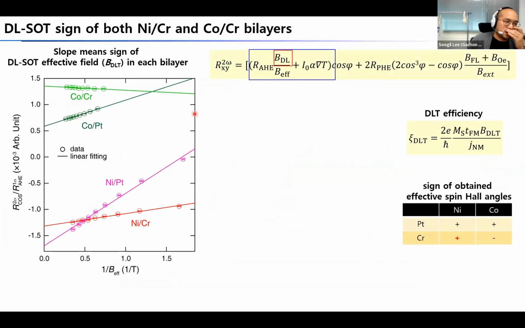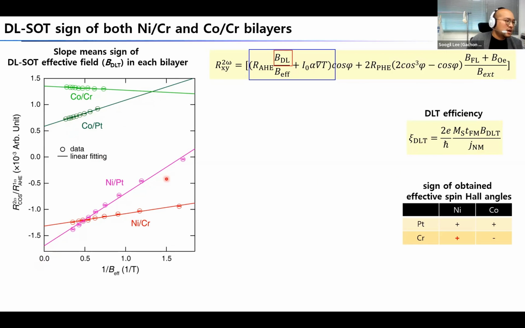Okay, this graph shows the summarized result, and the data indicate the coefficient of this cosine term divided by the anomalous Hall resistance. In this graph, the slopes indicate both the sign and strength of the damping-like effective field. For example, the sign of the slopes for the cobalt platinum and nickel platinum bilayers is the same.